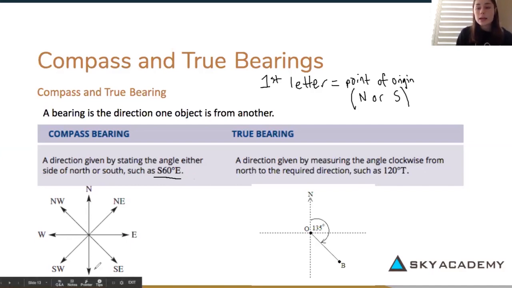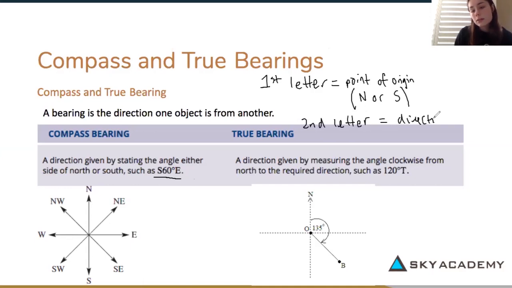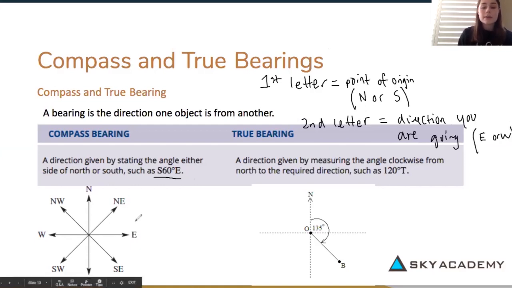And the second letter indicates the direction you are traveling, and that's going to be east or west. So here I am at the point of origin south, and the last letter indicates that I'm going in the direction east. So I'm going to be going from south towards east.